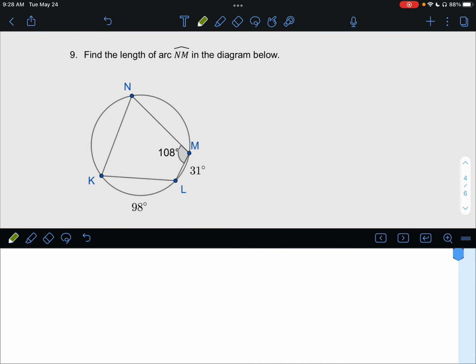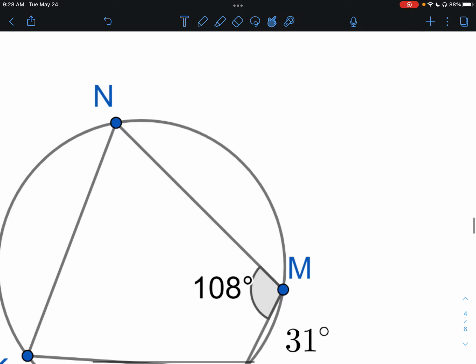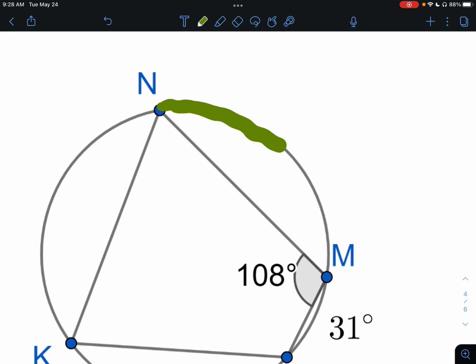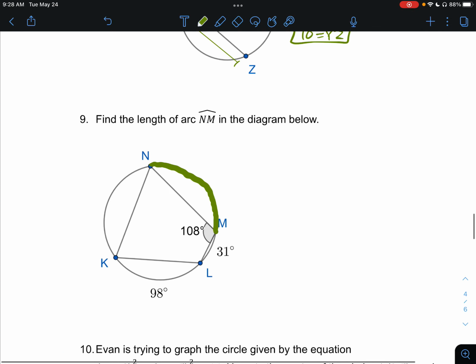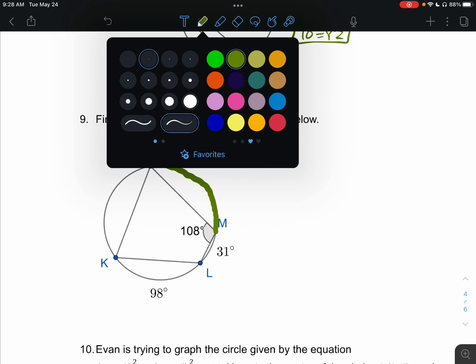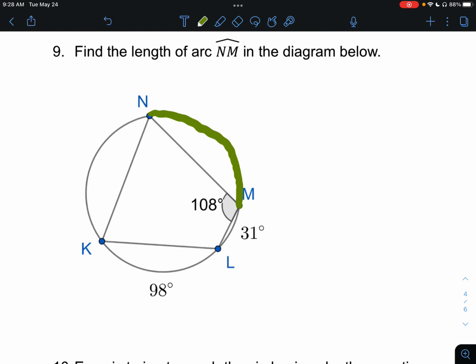Let's see. Number 9, find the length of arc NM. NM is this part here. There's a couple different ways I could do this.